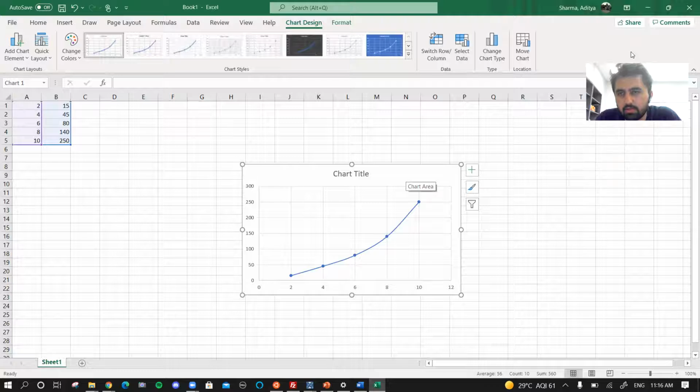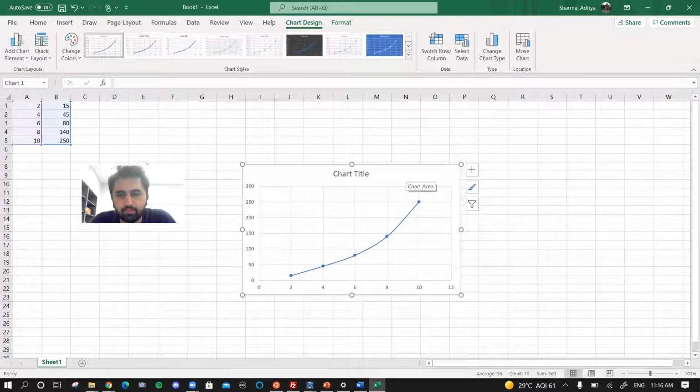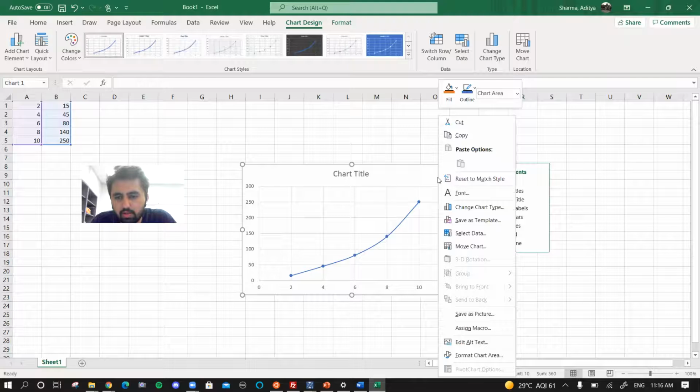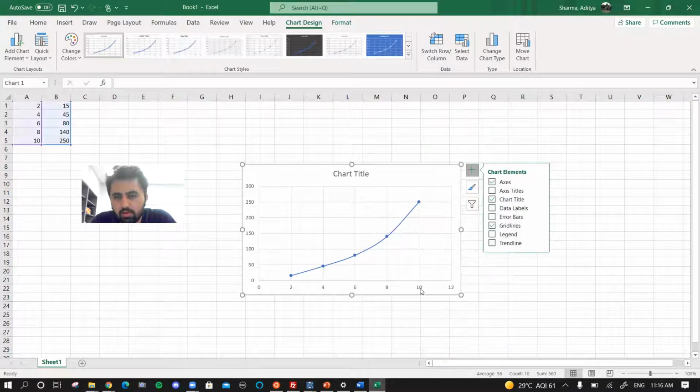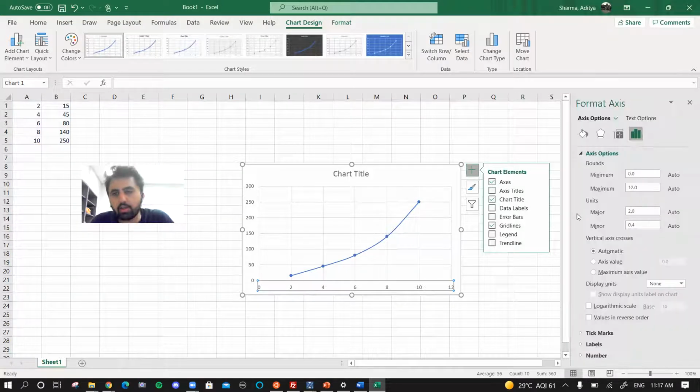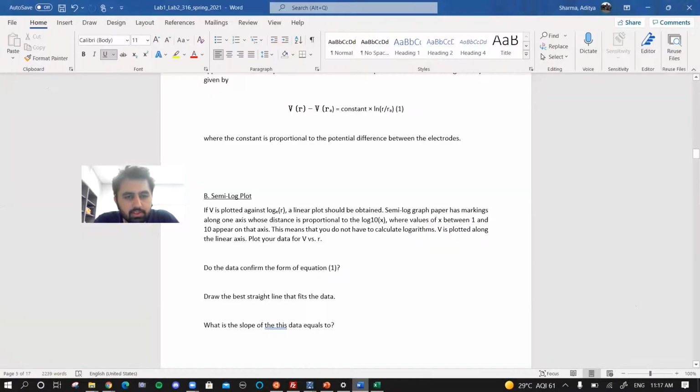Okay, let me. All right. How do I get that? Okay, yeah. So what it says in the document is, if v is against log r, so v is not against r. So how do you do that? Logarithm of r.